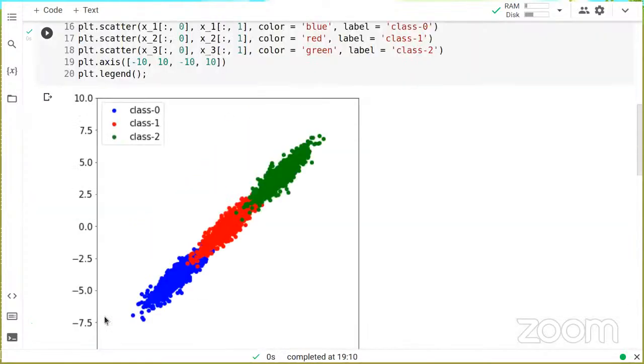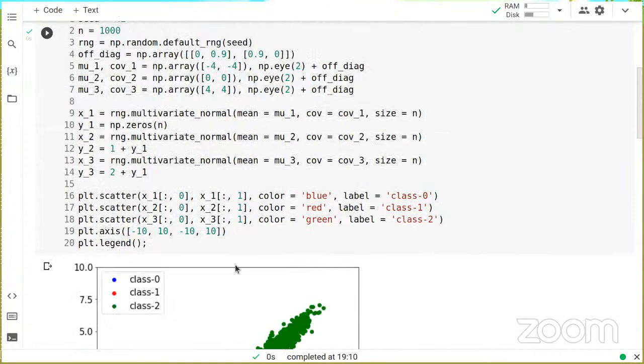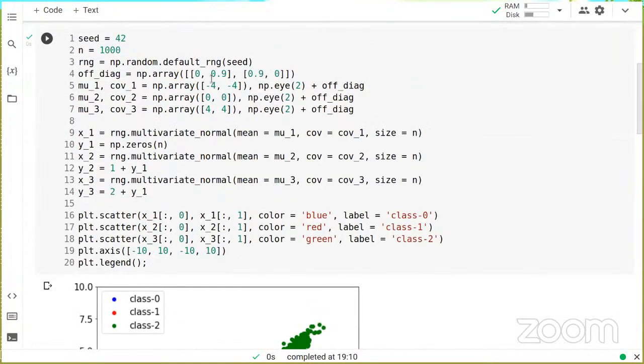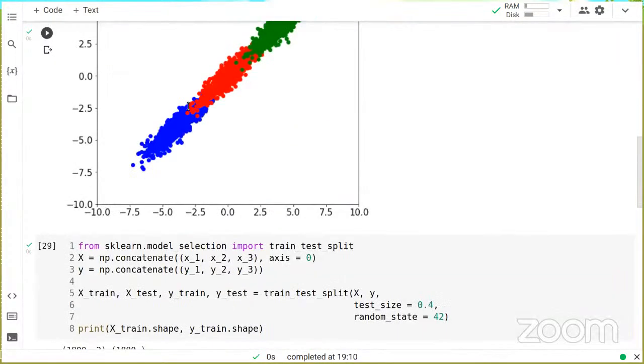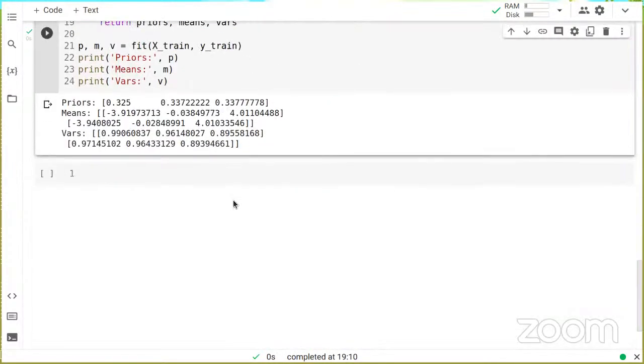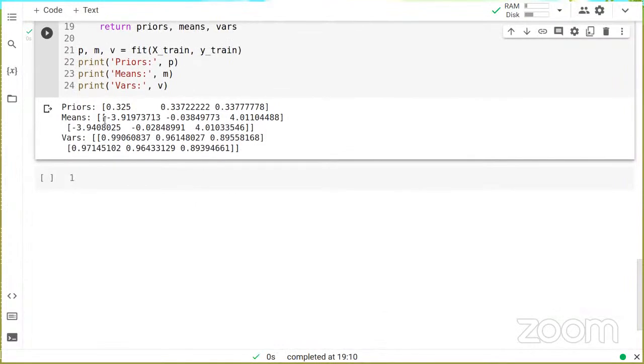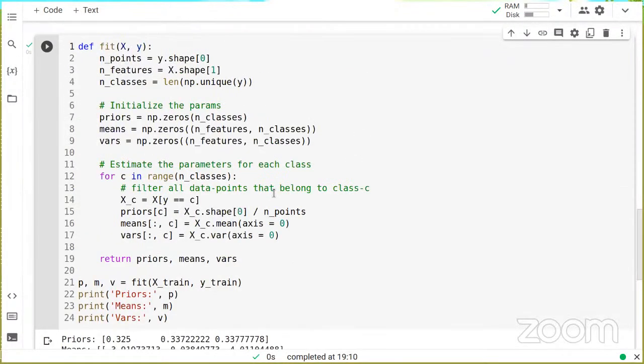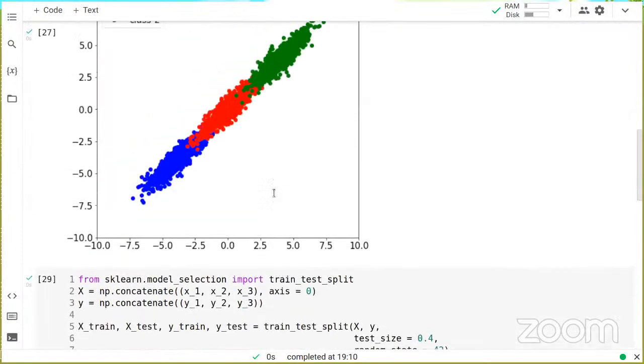What has happened is I generated these three data sets using these means, -4, -4, 0, 0, 4, 4. And my naive Bayes model is able to predict those means correctly. So it's doing a pretty good job, even though the features are not independent.